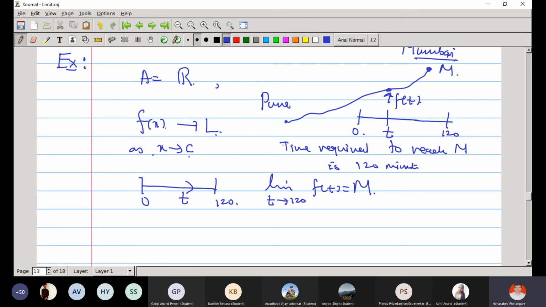So any idea? See, whatever definition we are going to make is a more technical definition, but the same thing happens in our day-to-day life.